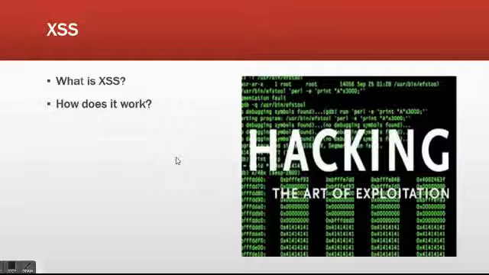It exploits the relationship between the user and the website the particular person is accessing. When you visit a website, there's a presumption that the data transferred between the client browser and the web server is visible only to the owner of the website and its authorized partners.